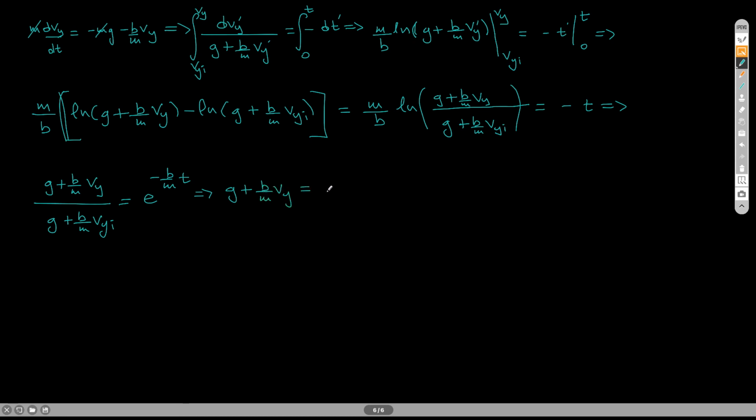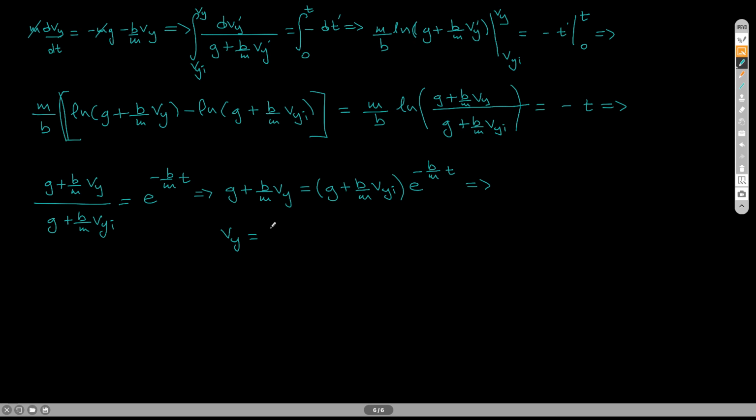vy is equal to g plus b over m vy initial, times the exponential, and I will move g to the other side and multiply with m over b.